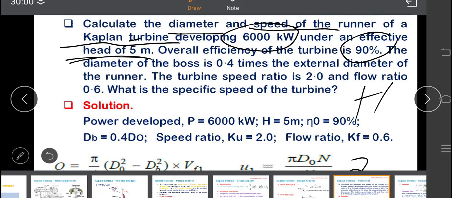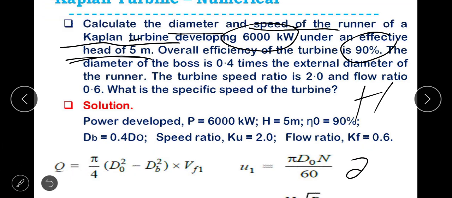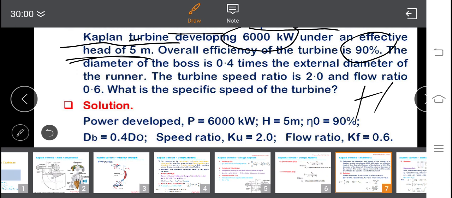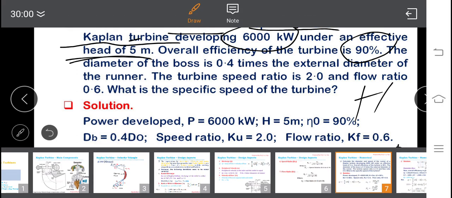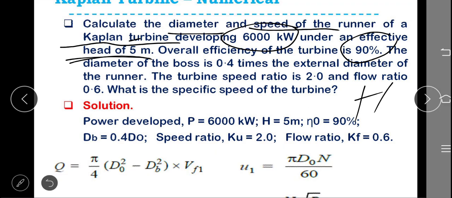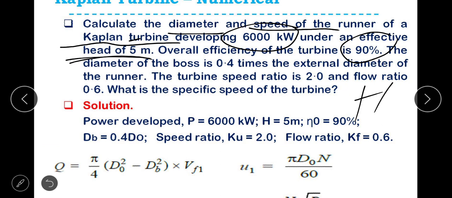Sometimes it may be given as 0.90. That's all the difference. The diameter of the boss dB is 0.4 times the external diameter of the runner, that is outer diameter dO.